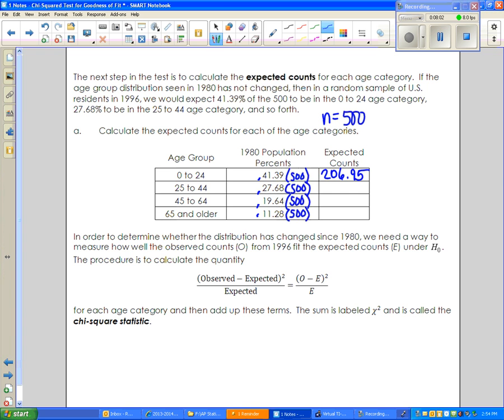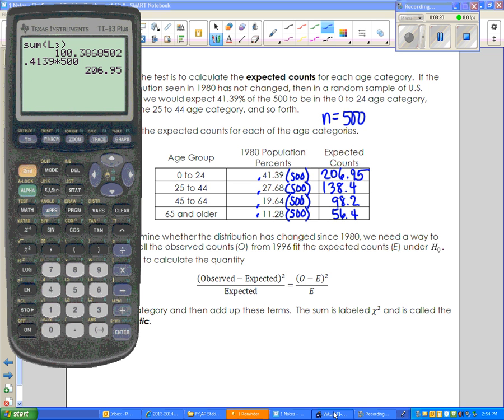And if you multiply the next group, we should expect 138.4 to be between the ages of 25 and 44, and 98.2 to be between 45 and 64, and 56.4, rounding to 3 decimal places. You should also double check to make sure that these values do in fact add up to 500. If you're slightly off, like I am, it's just due to a rounding error.